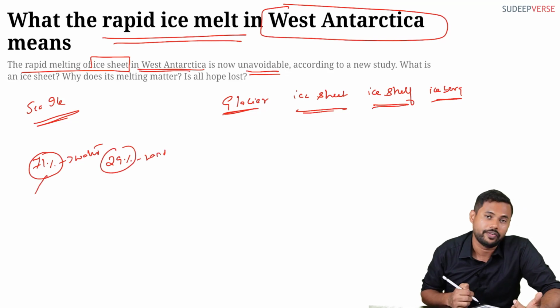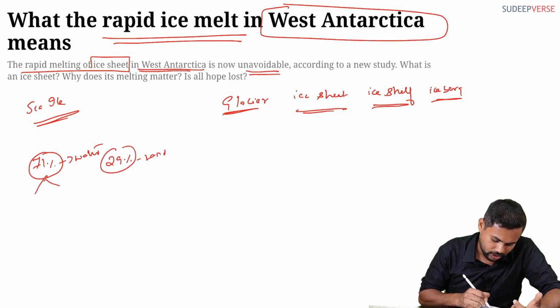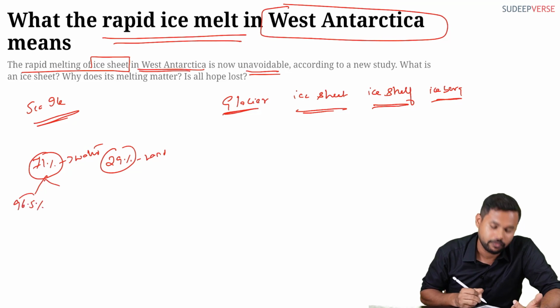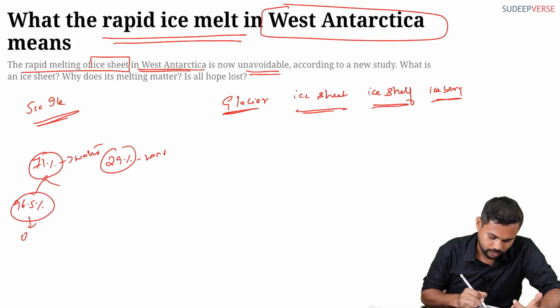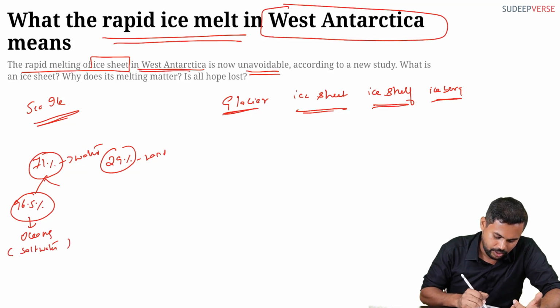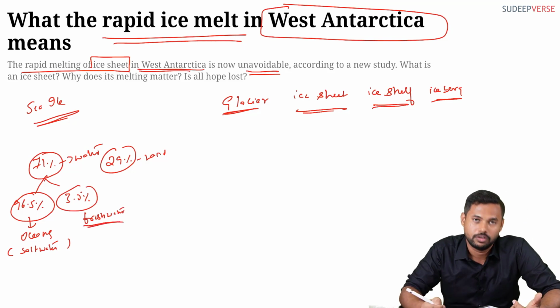Okay, and in this 71% water, 96.5% of water is in oceans, so this is salt water, and 3.5% is fresh water.